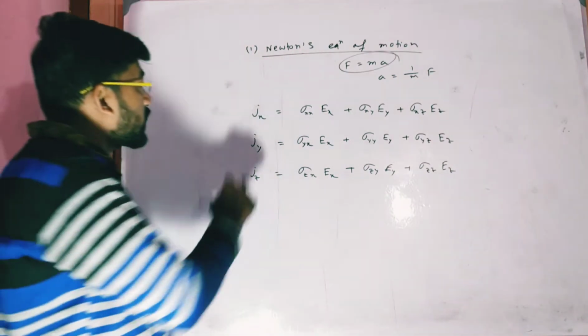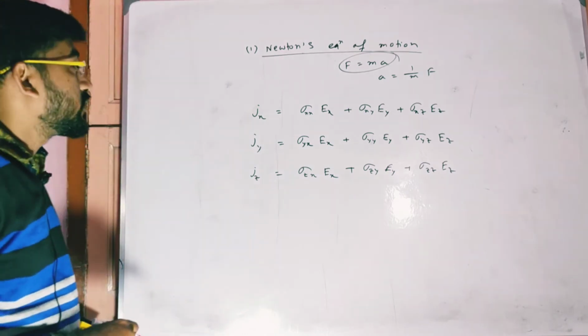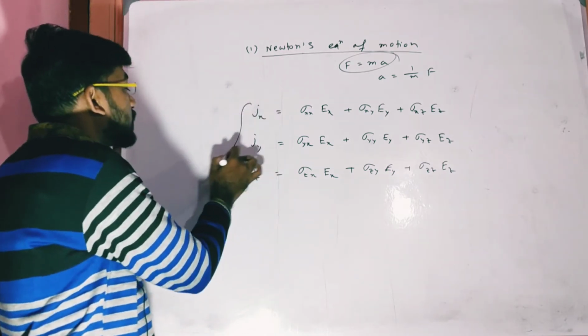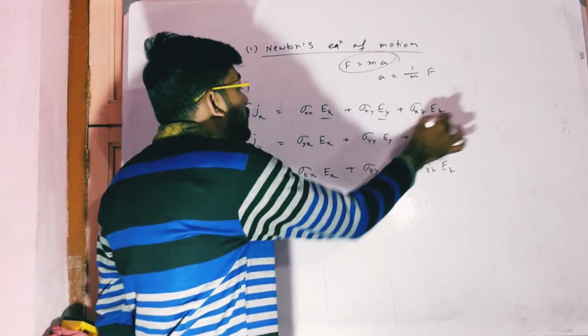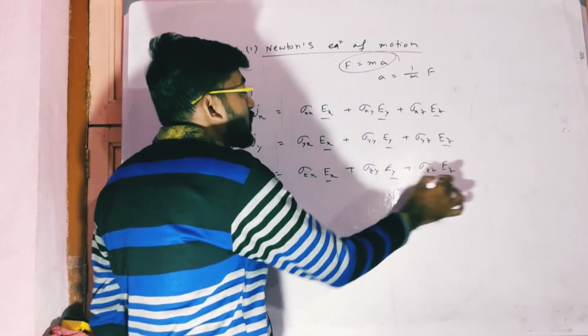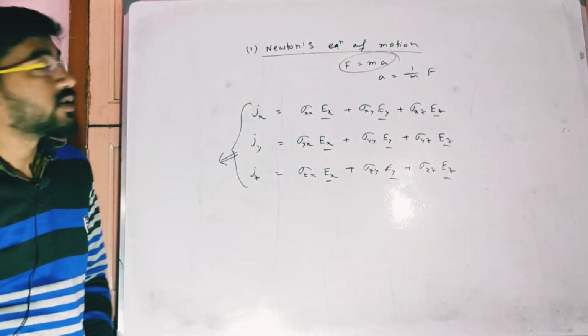So this is the component form in terms of x, y and z, and these are the components of the current density vector J, and these are the components of the electric field vector in the directions x, y and z.